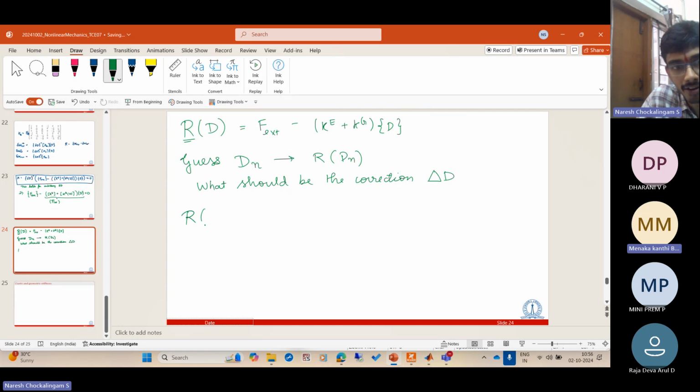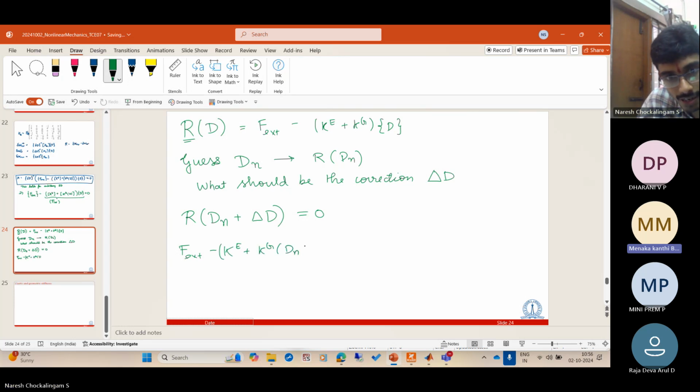So it is R of dn plus, by making the correction to the current guess, I want this to go to 0. So I expand it. It is F external minus Ke plus Kg of dn plus delta d, where Kg is a function of this, multiplying dn plus delta d. This has to go to 0.